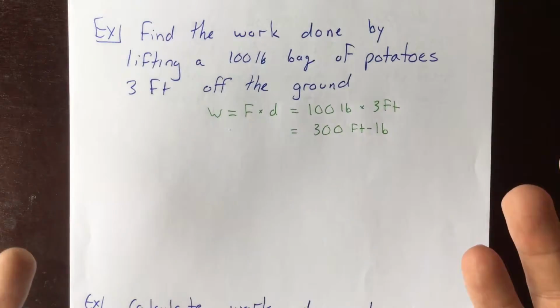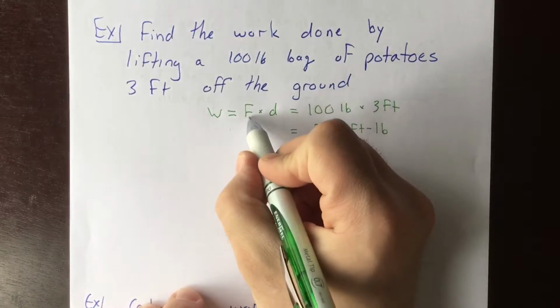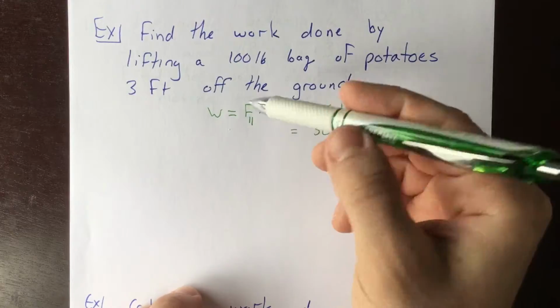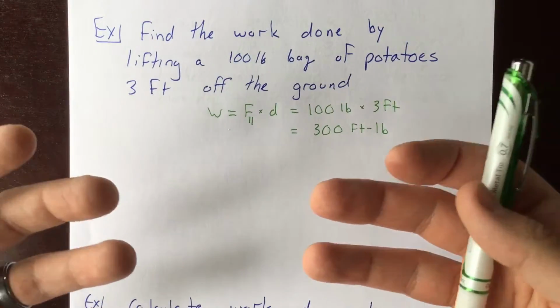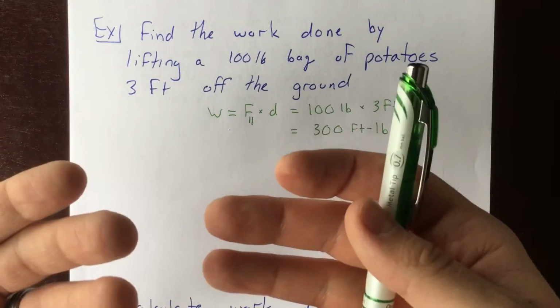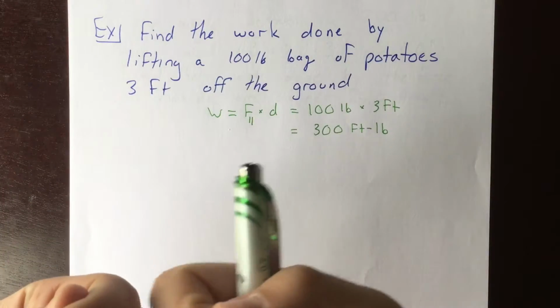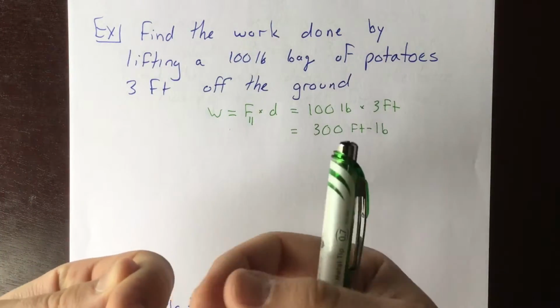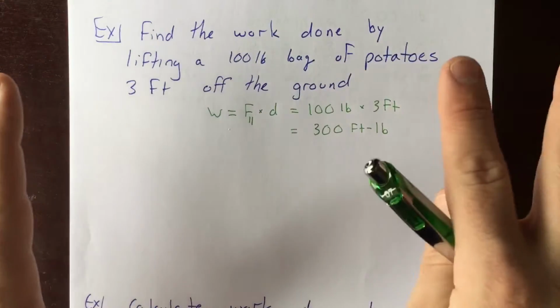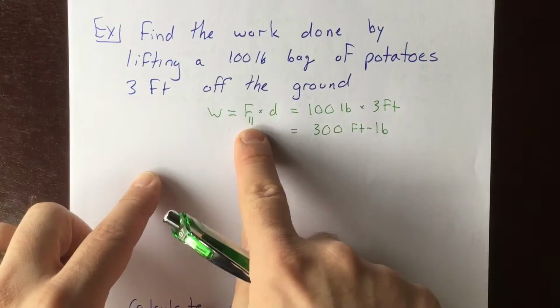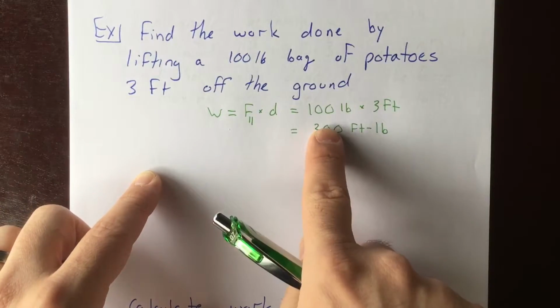And there you go. Because the force is applied parallel to how the bag's moving, okay? If the bag's moving up vertically, but I'm applying the force in a direction other than up, then I'll be using a different formula. Just understand that. Parallel force to displacement is just that simple.